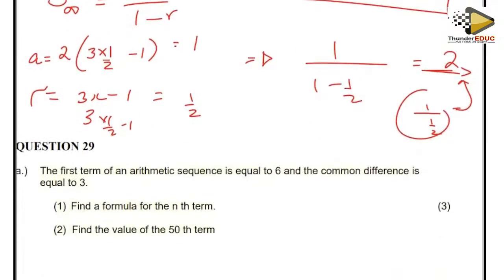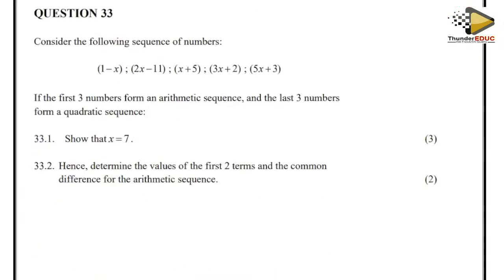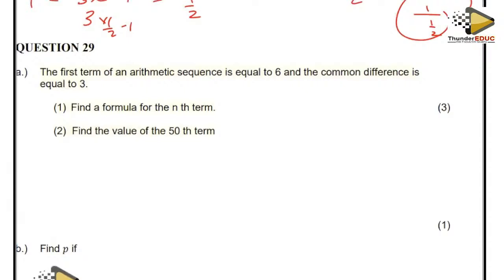All right, then question number 29. Telling us that the first term of an arithmetic sequence is given as a 6, and then the common difference is a 3. Find the formula for the nth term. All right, so Tn is a plus n minus 1 into d.